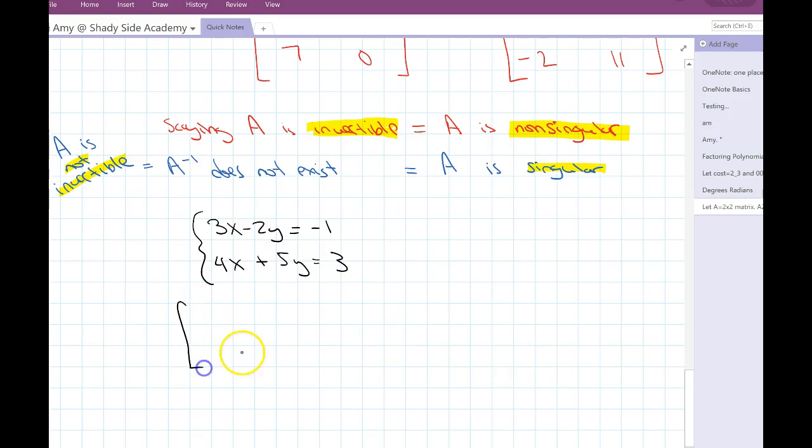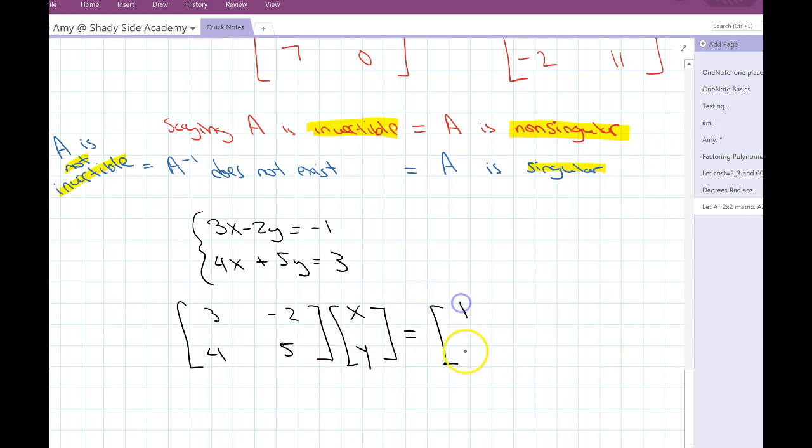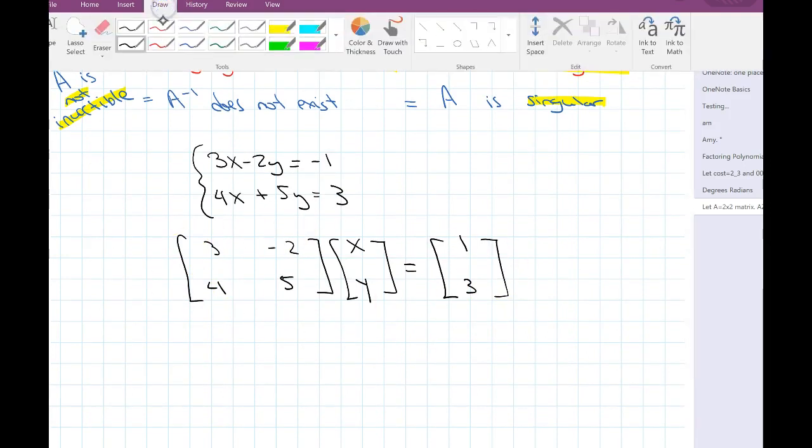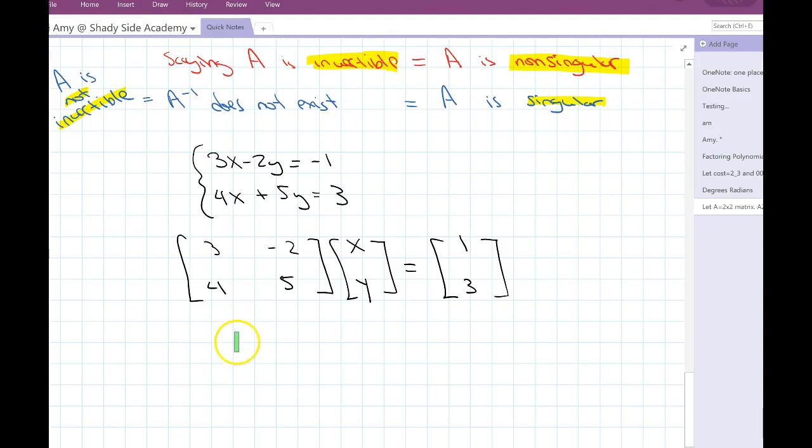And remember, in our last class, I talked about generating a matrix equation that looked like this. You'll often see this matrix equation described in general as AX equals B.